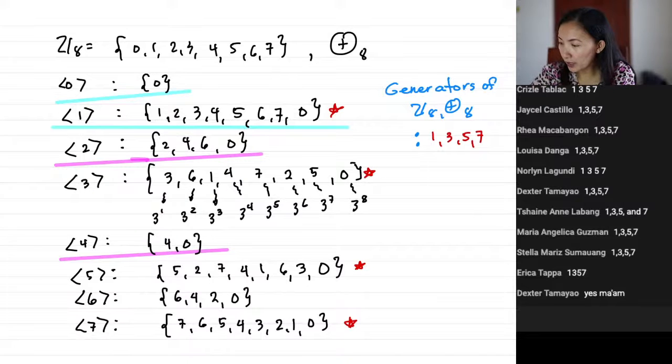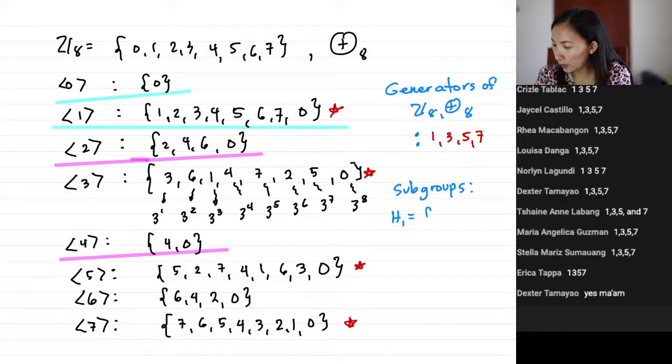So the subgroups here are, apart from the trivial subgroup, I won't be writing the trivial subgroups na, just the subgroups rather. Let H1 be the subgroup consisting of 2, 4, 6, 0, and then H2, subgroup number 2, will be 4, 0, nothing more.